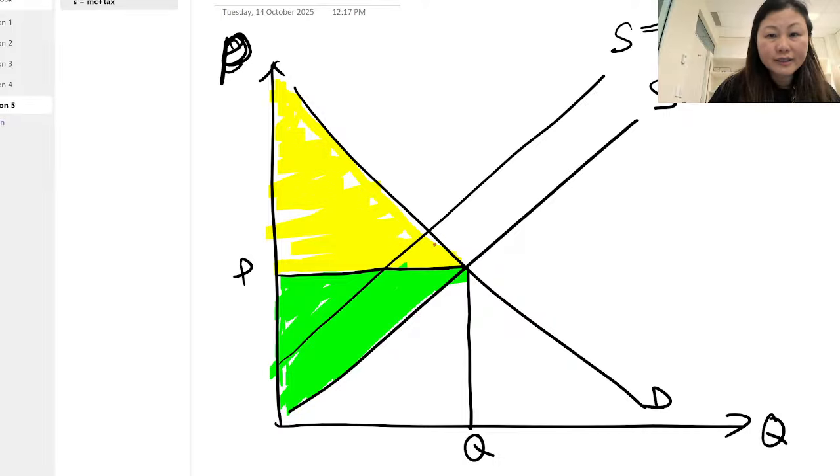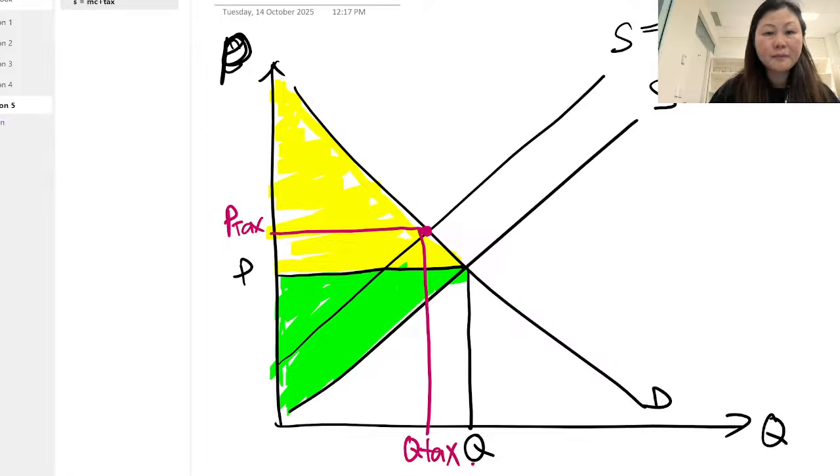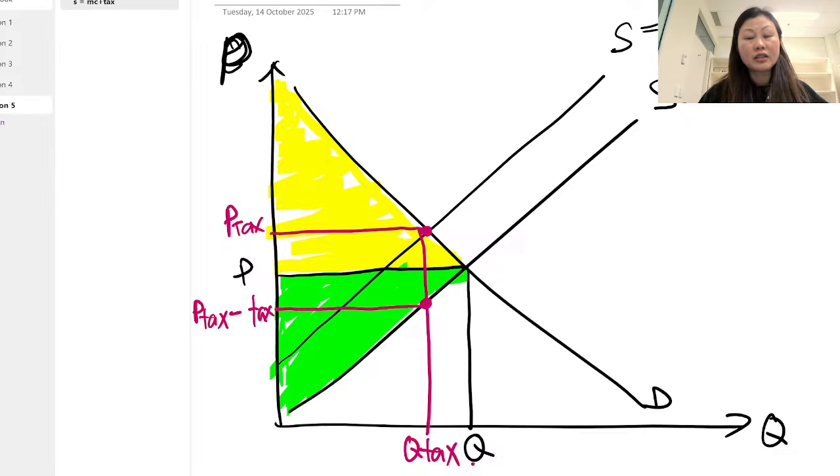So we include the tax amount, which is here at this P tax and Q tax. And we know that at this particular point, this is P tax minus your tax amount, which in our earlier example, I assumed that it was 1. Okay, but rather than saying P tax minus 1, I prefer to say P tax minus tax because tax could change.